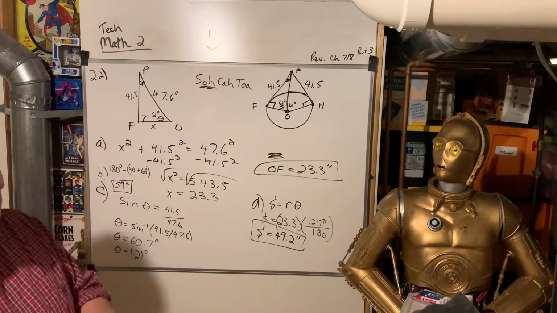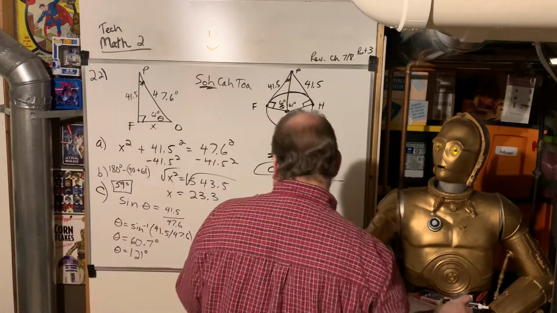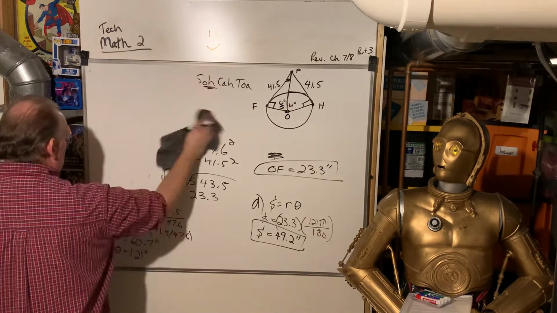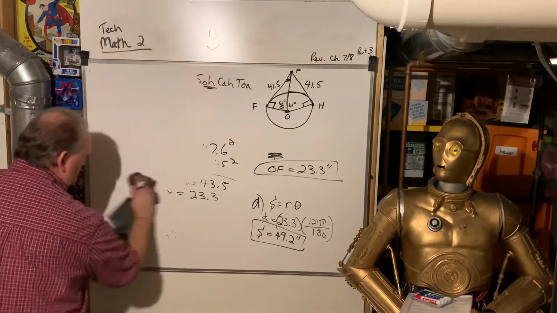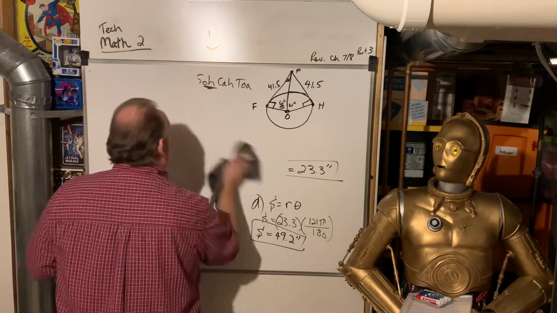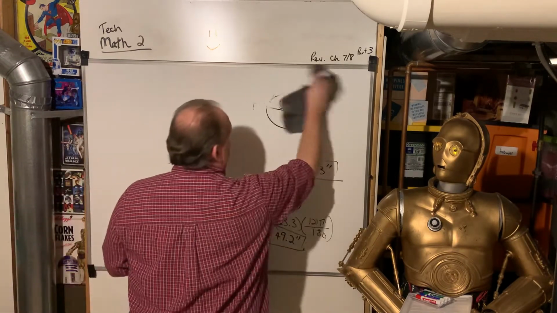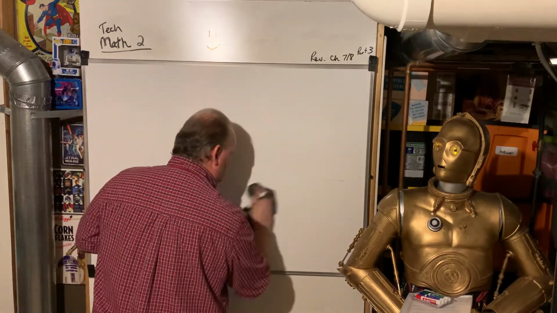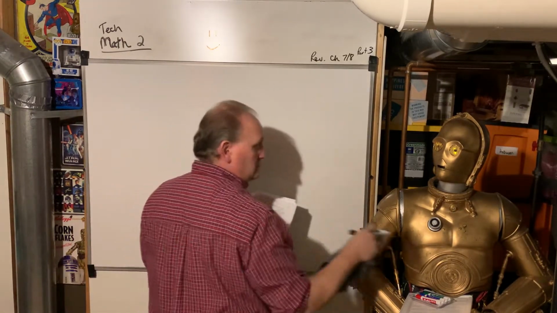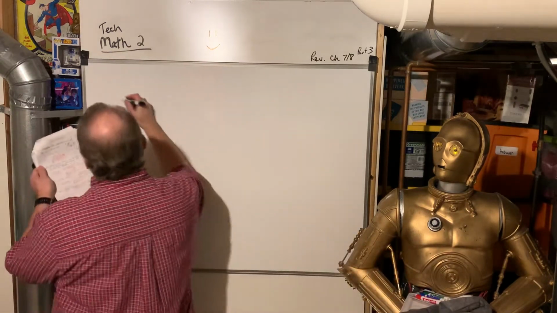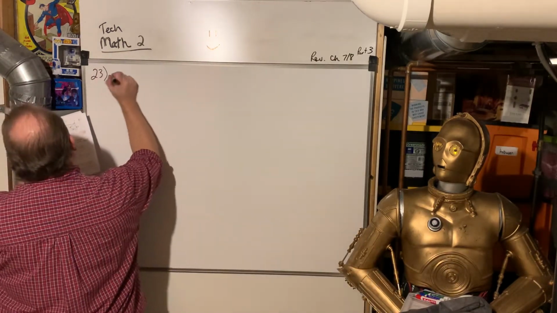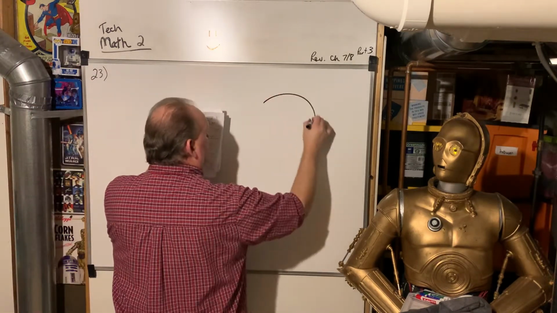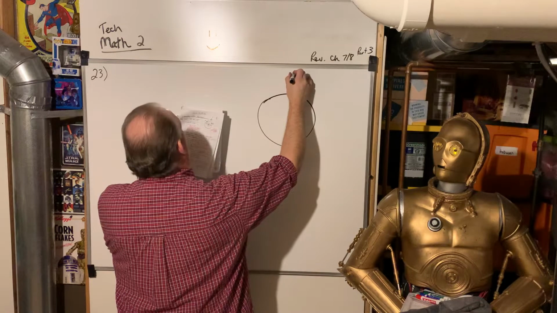Okay, let's look at 23. There's another one of these. So we've got a circle, and a point outside the circle.